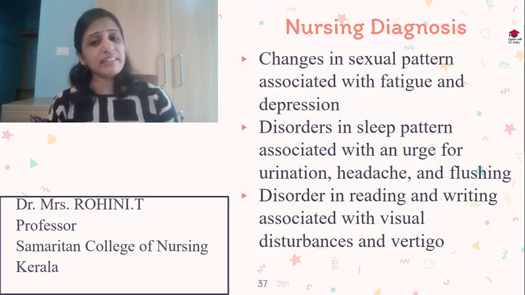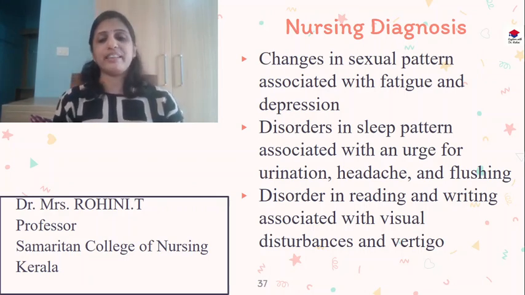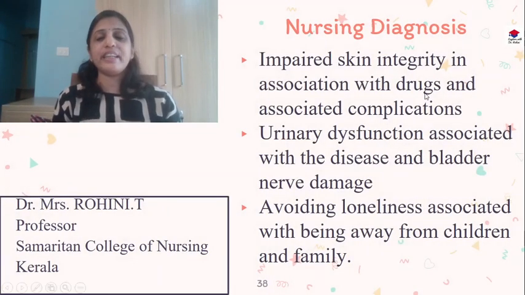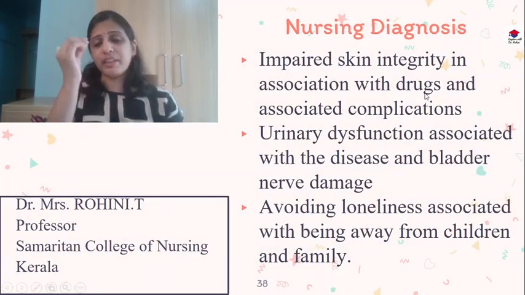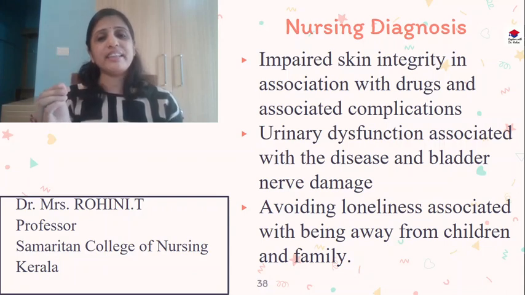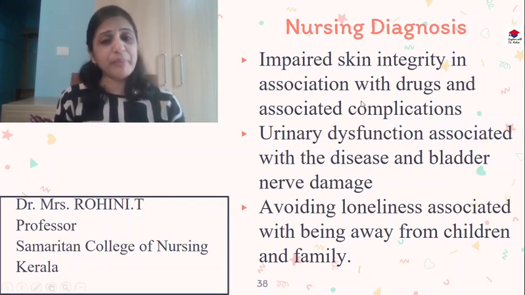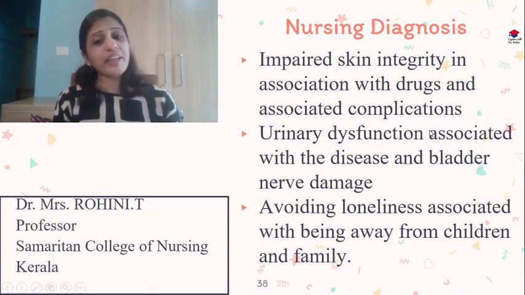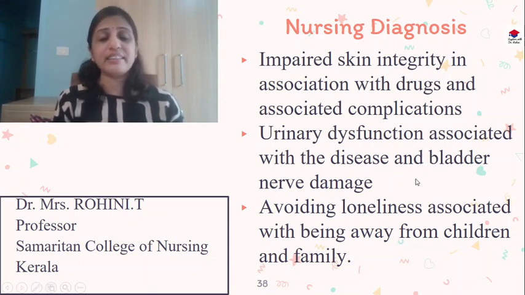So disorders in sleep pattern, urge for urination, headache and flushing, disorders in reading and writing because of the visual disturbance and the vertigo. Impaired skin integrity: we found in the integumentary system there are a lot of spots on the skin, and she is taking a lot of medicine. So impaired skin integrity associated with drugs, urinary dysfunction associated with the disease and bladder nerve damage.